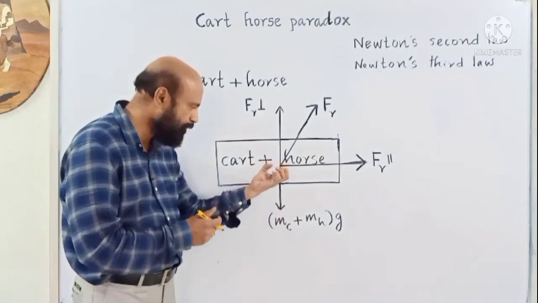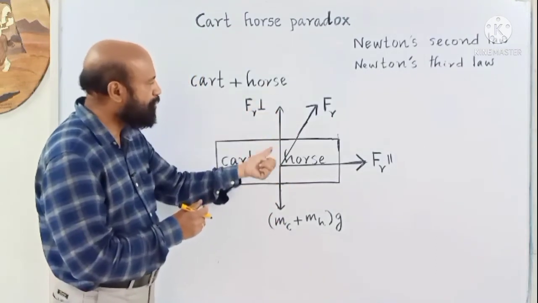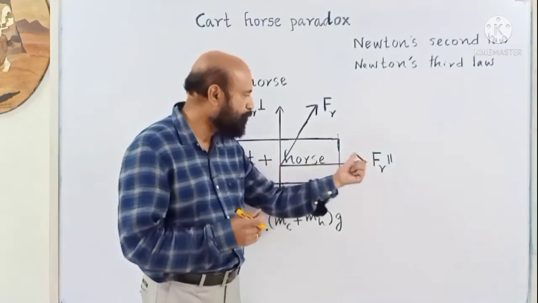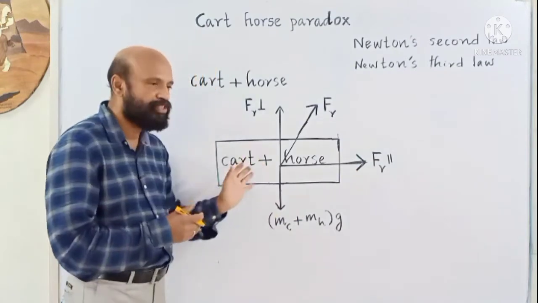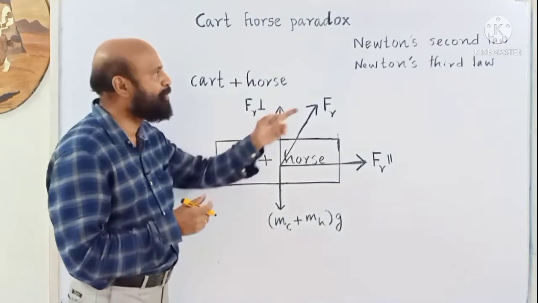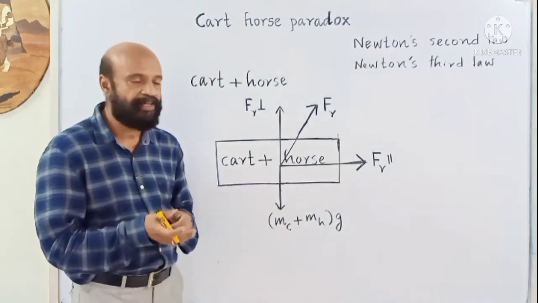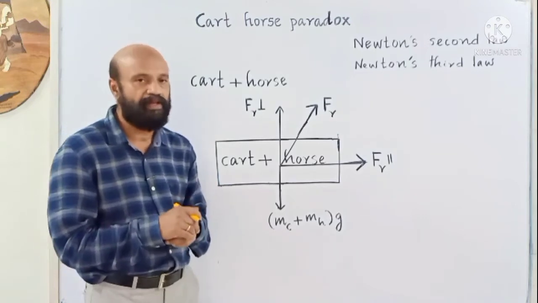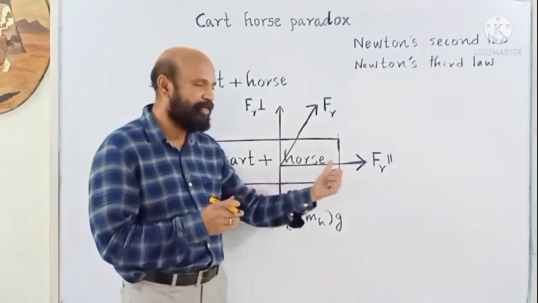The gravitational force is acting in the downward direction, and this perpendicular component will balance it. Now there is a force in the forward direction. Because of this, the cart-hose system is accelerated. So while applying Newton's second law, we have to consider the force acting on the system, not by the system. So this is one way of explanation.